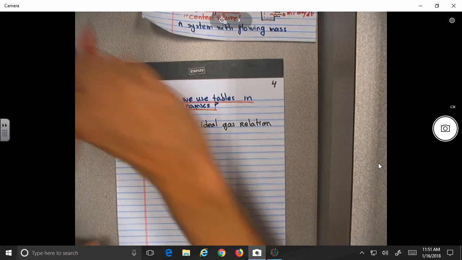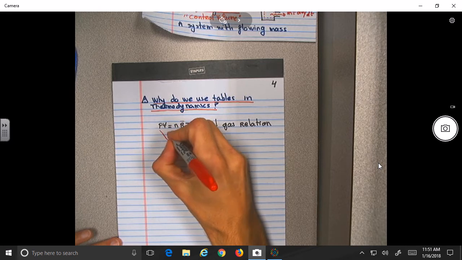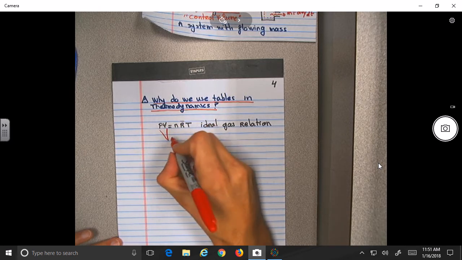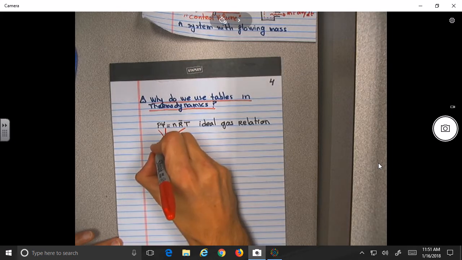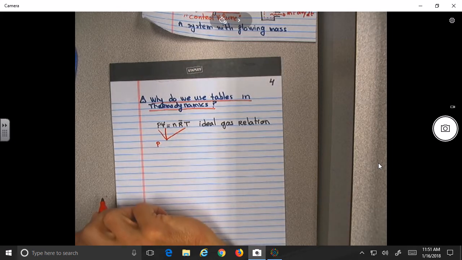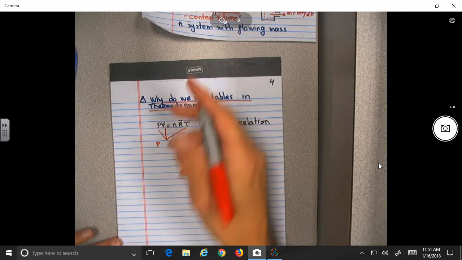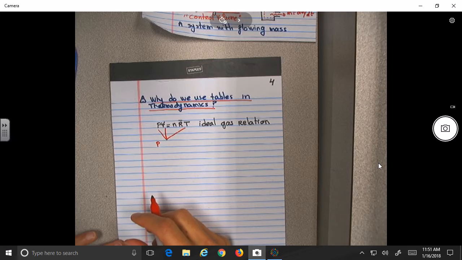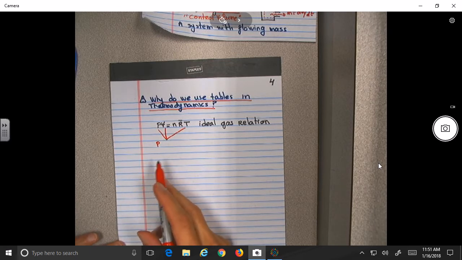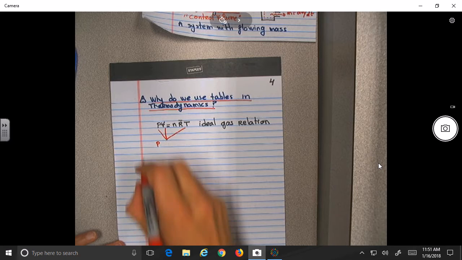So let's see. What is P? What is V? And what are T? What do we say about, you remember, like an intensive property will be the pressure, no? And the temperature. So pressure, volume, temperature will be what? Properties.